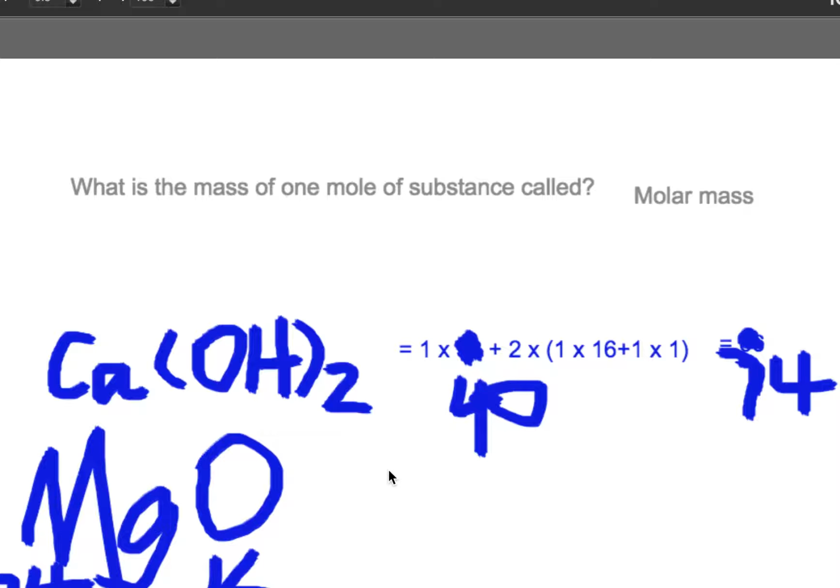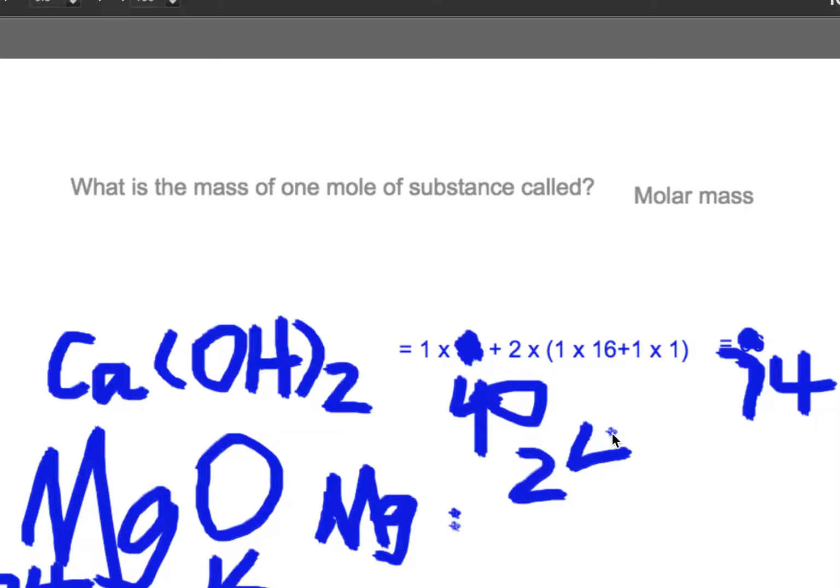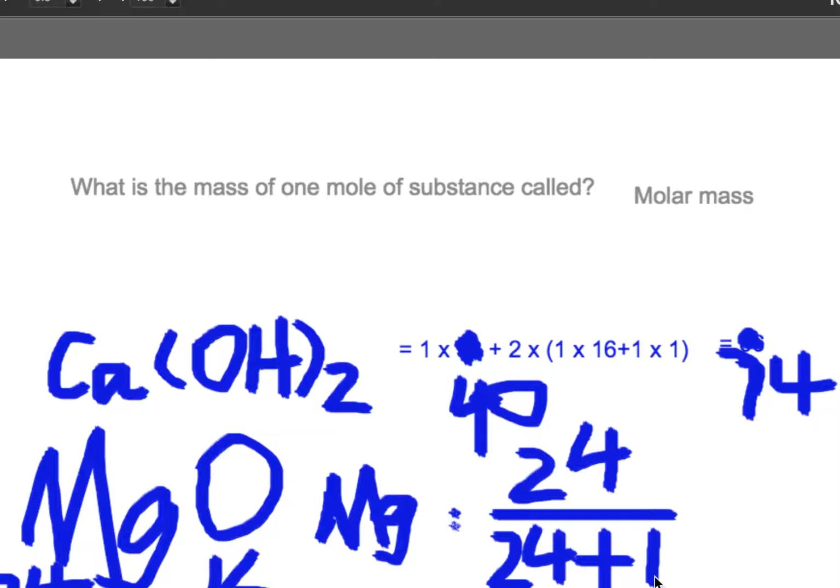For magnesium, you would do 24 divided by 24 plus 16, because 24 plus 16 would be the total molar mass of that compound.